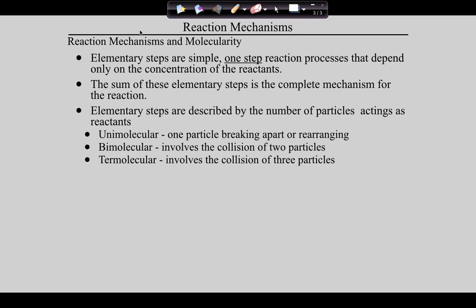It either decomposes or it reorganizes. So guys, some unimolecular processes are decompositions. Other unimolecular processes are molecules where the atoms shift position within the molecule. That's unimolecular. Now guys, what does bimolecular look like?